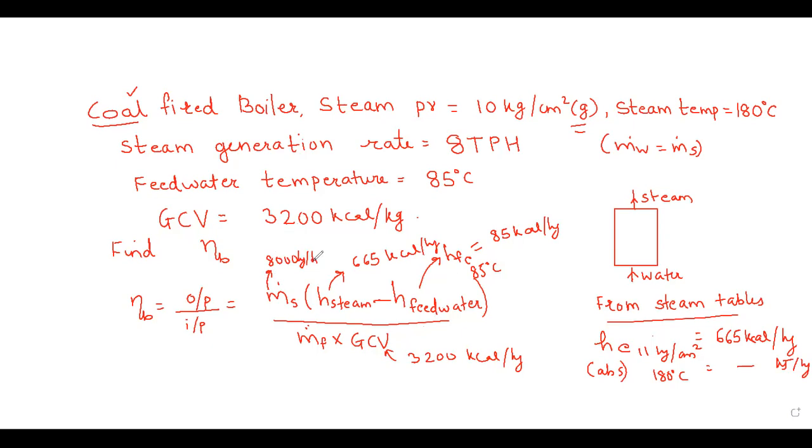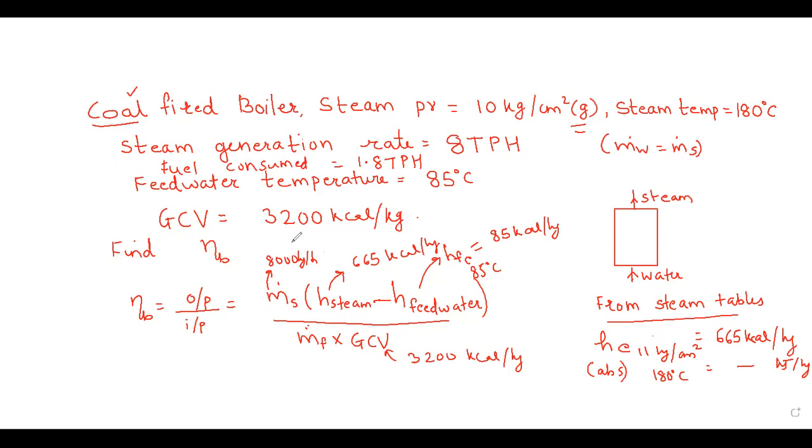You would also require one more reading, the fuel consumption rate. Let us say the fuel consumption rate is also measured, and I'll write it over here. The fuel consumed is, let us say, 1.8 tons per hour.